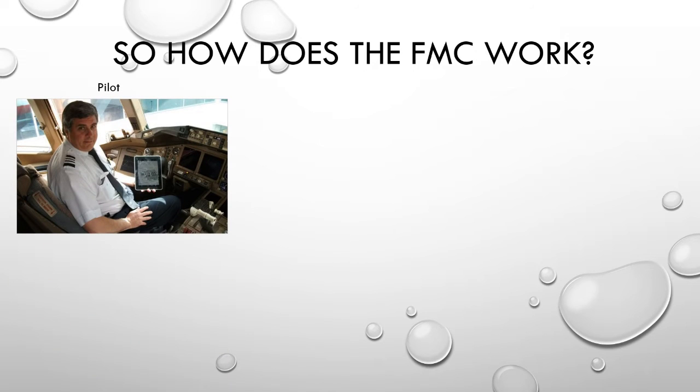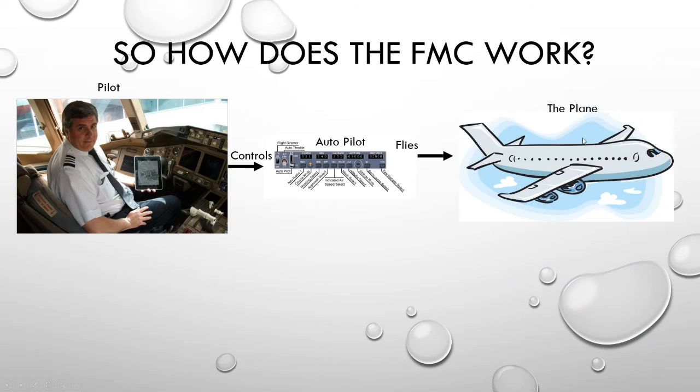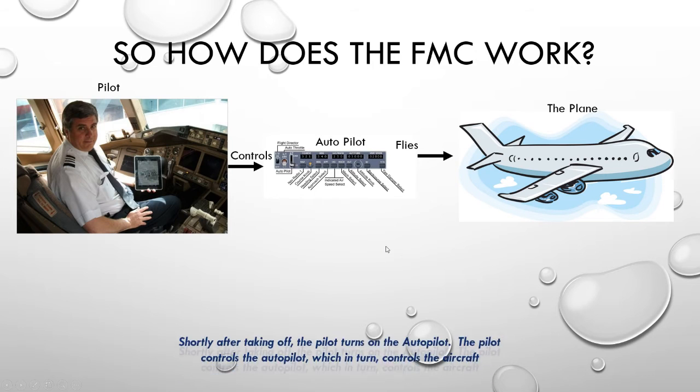Well, on a day-to-day basis, and looking at this plane, just taking a quick look, I can tell that is a 777. Anyhow, getting off course. The pilot, shortly after takeoff, turns on the autopilot, and the pilot can control the airplane using the autopilot.